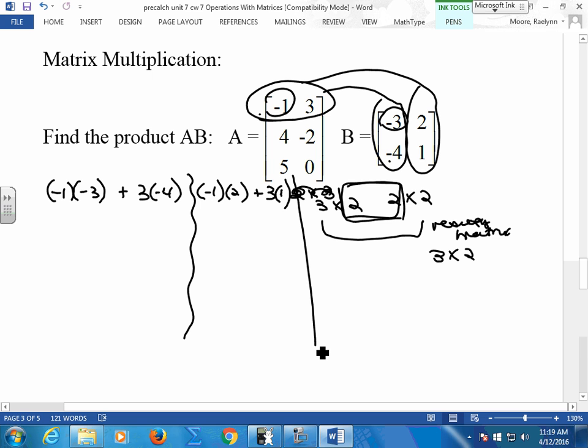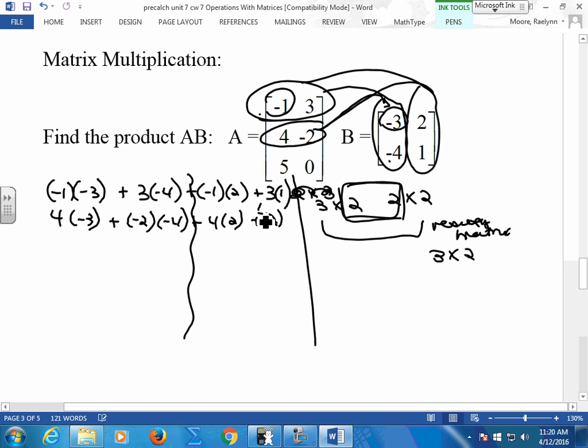Write them out first because I want to show you something really good about this. Now we're going to do the next row, first column, element for element: 4 times -3 plus -2 times -4. Take a little break. Go to the second column: 4 times 2 plus -2 times 1.